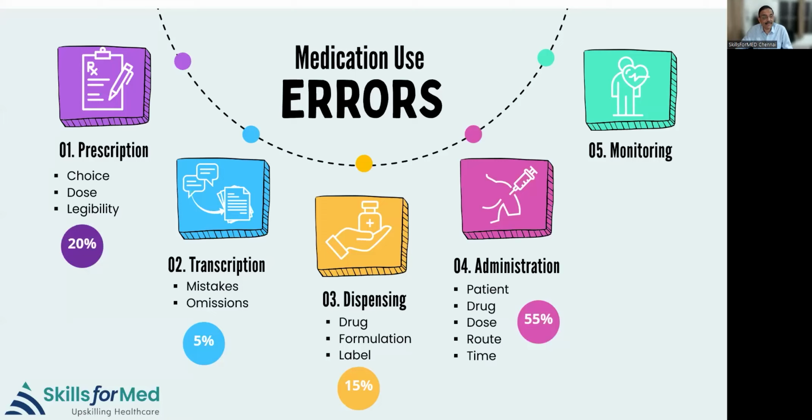So you can see the prescription is 20%, transcription is 5%, and dispensing is another 15%. And finally, monitoring is a small percentage, around 5%. It could be because of lack of monitoring, or you actually monitor but don't respond to it properly. So these are all the medication errors that occur in the 5 processes of the medication use process.